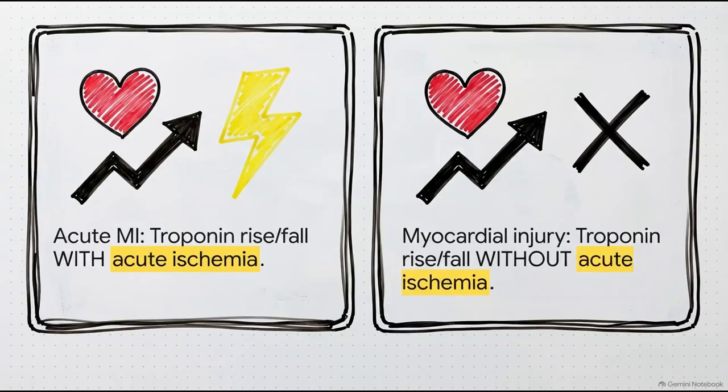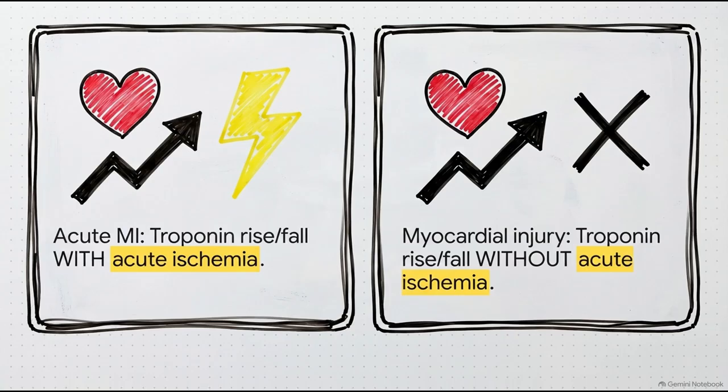To completely solve the case and differentiate our ICD-10 codes accurately, we have to separate a true MI from other types of heart injury. On one side, a true acute MI requires a troponin rise and fall with clinical evidence of acute ischemia. That gives you your type 1 or type 2 MIs. On the flip side, if you have a troponin rise and fall but without any acute ischemic evidence, you're looking at acute myocardial injury.